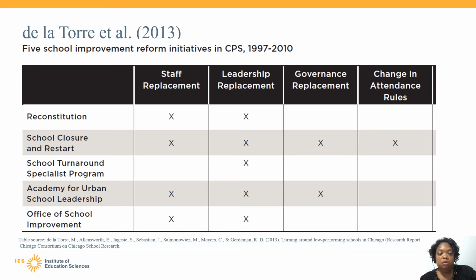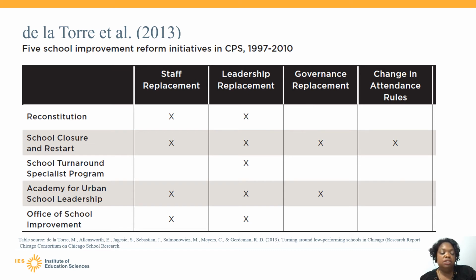Some schools were required to replace their staff. Some had leadership replacement requirements. Some were required to replace their governance, and others had change in their attendance rules. For school closures and restarts, where new schools were created, they were required to change all 4 policies.